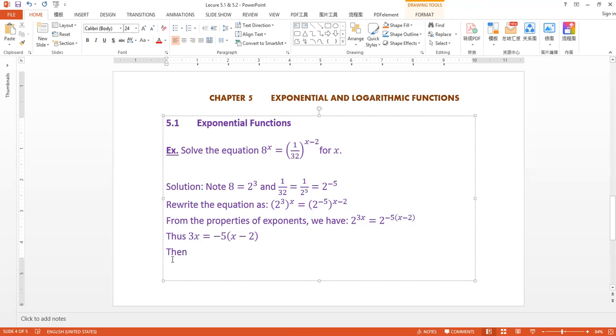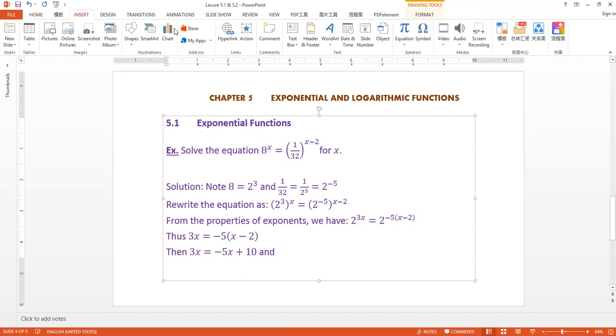Okay. We can just solve this linear equation easily. You can distribute negative 5 on the right hand side. So we got negative 5x plus 10. Remember, negative 5 times negative 2 is 10. Okay, and then you can move negative 5x to the left hand side and get positive.